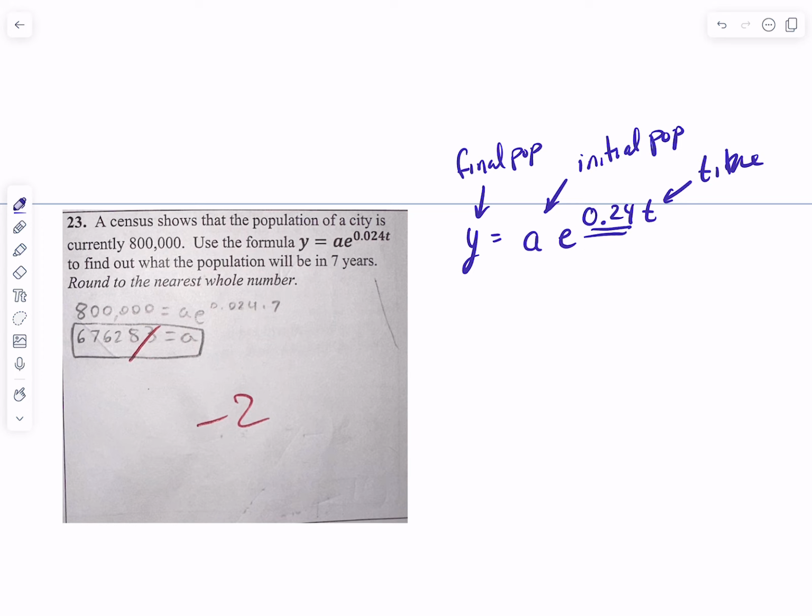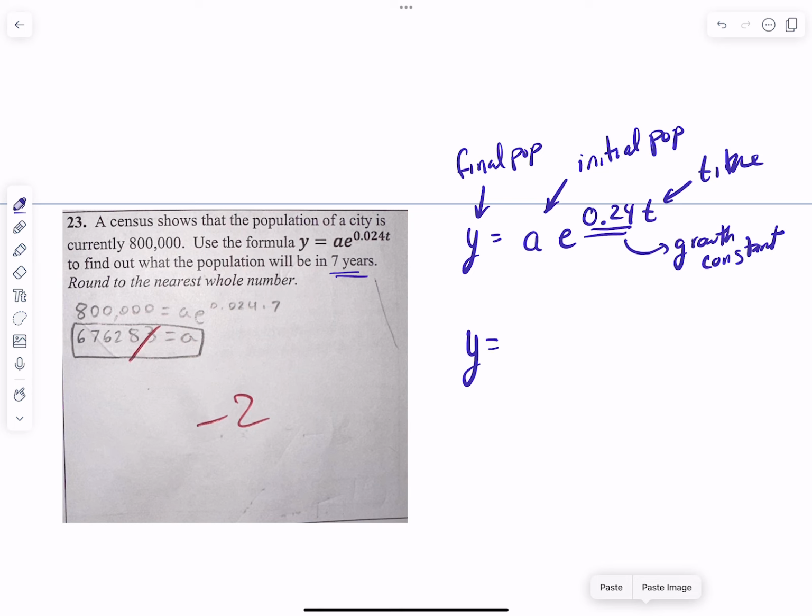And this number is the growth constant. And that's going to be different. And so they just tell you that the growth constant here is 0.024. So we just got to do the formula differently. So you say, well, y, the final population, because they want to find out what it will be in 7 years. So the final population is what we need to find.